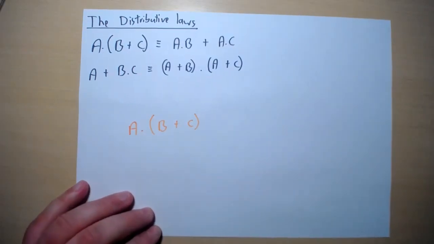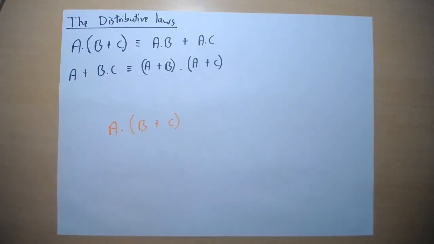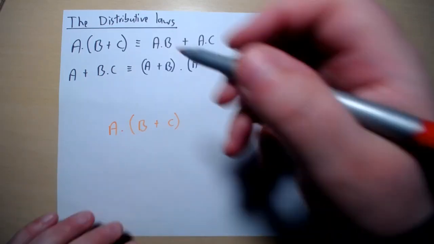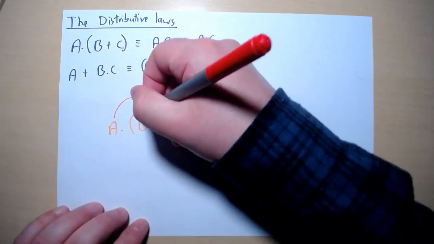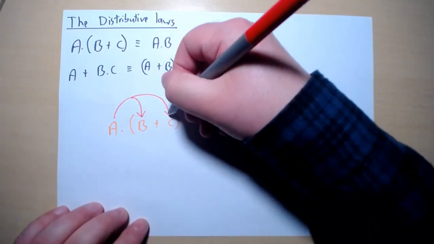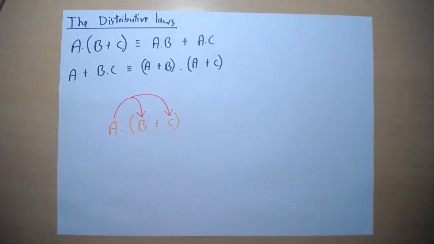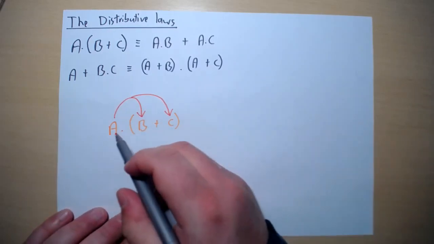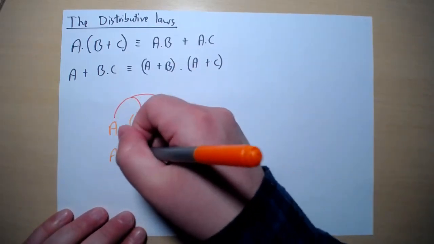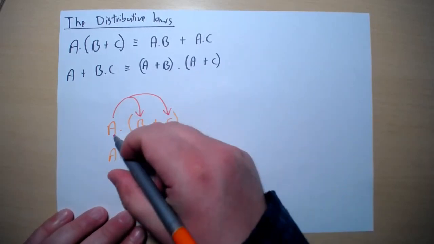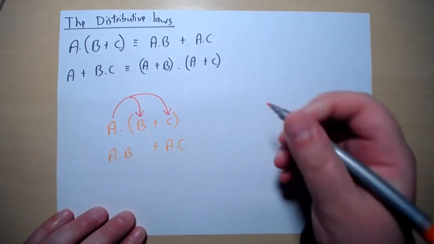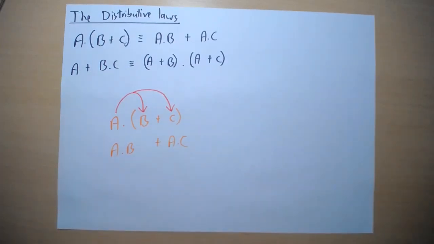Very similar to what we do in our traditional linear mathematics, we can expand this bracket by anding this A with B and then anding it with C. Therefore, this will become A and B, or A and C. That is the first law of the distributive laws.